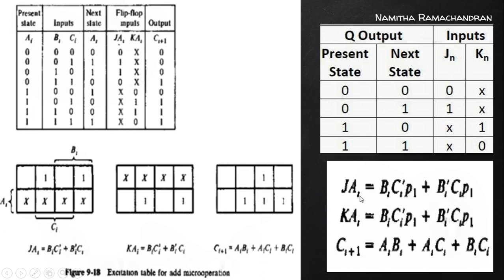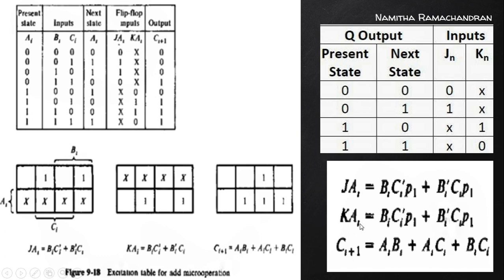So we need to consider our control variable along with each of these expressions. That is why the J expression becomes BI CI complement P1 plus BI complement CI P1. We need to attach the control variable with each and every expression.